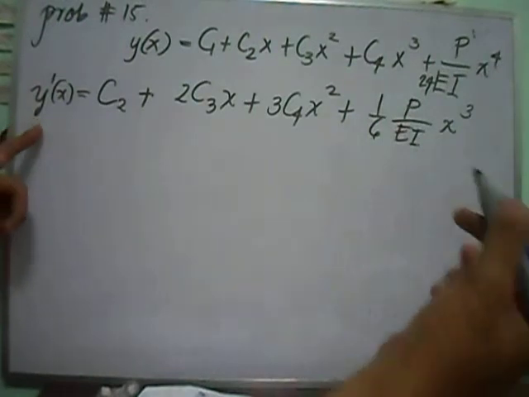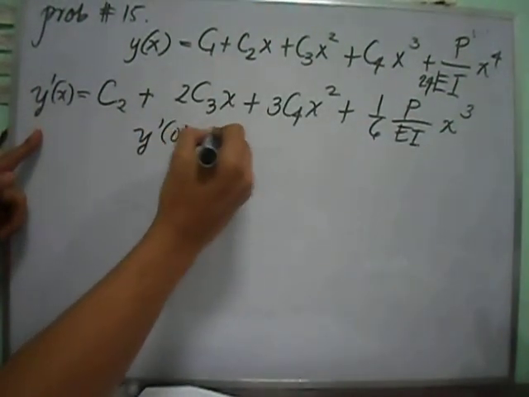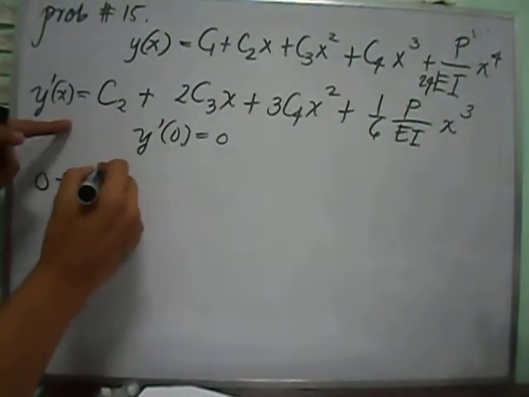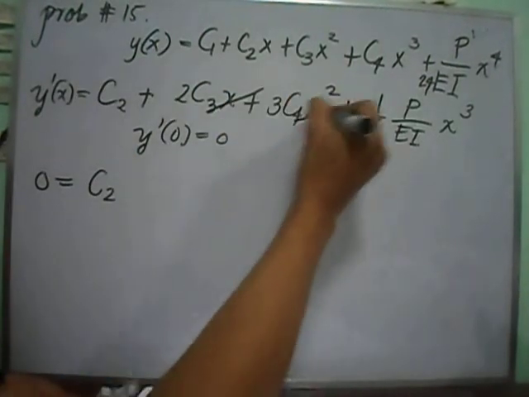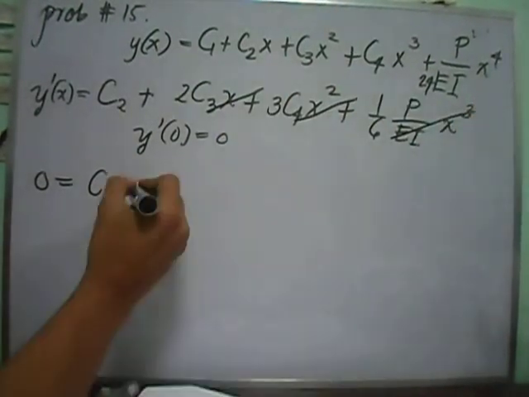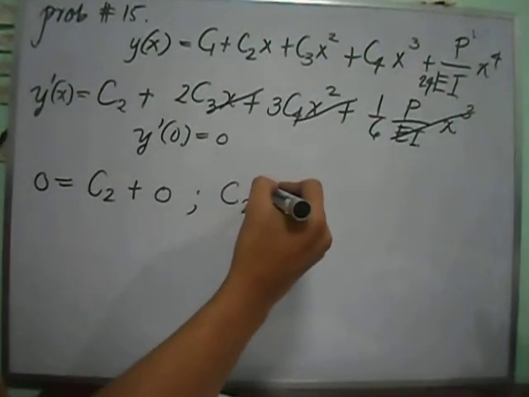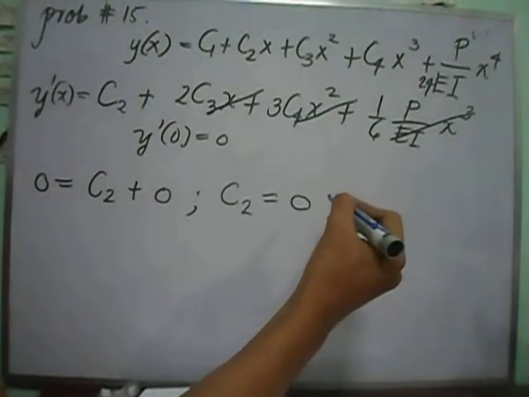Now, since we have the boundary condition that y prime of 0 equals 0, we equate this to 0, and with x equal to 0 all the other terms become 0, plus 0. Thus we have c2 equal to 0.